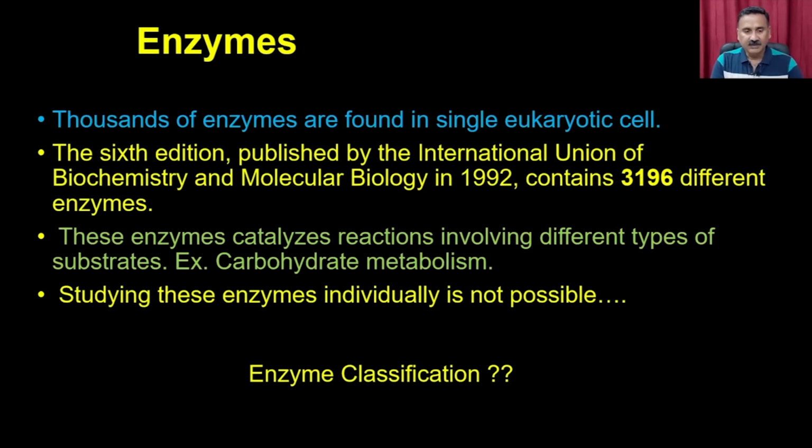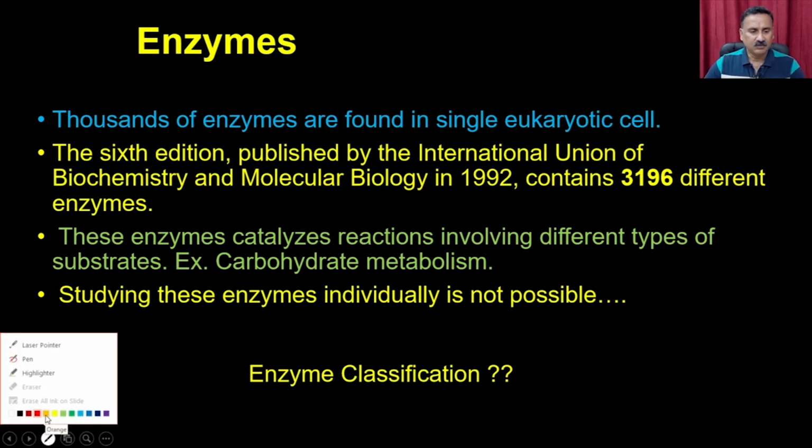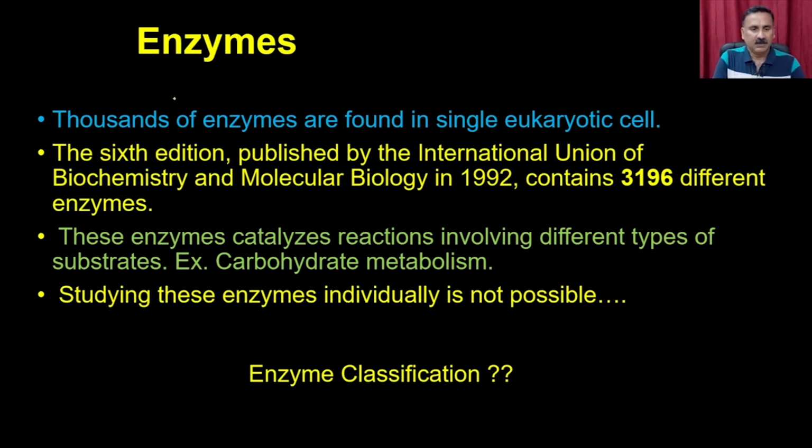We have thousands of enzymes found in a single eukaryotic cell, whether it is a eukaryotic or a prokaryotic cell. These enzymes are present in the cytosol, in the different organelles, and some are even part of the plasma membranes.